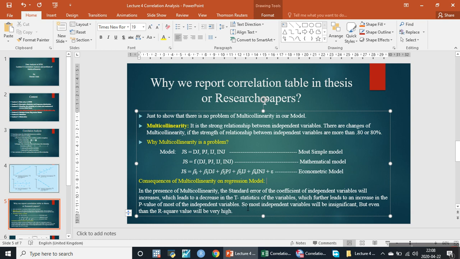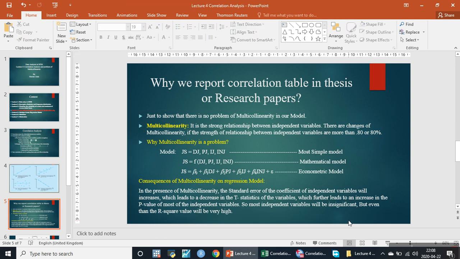So most of the independent variables will be highly insignificant, but even then the R square will be very high, which is very contradictory, because if most of your independent variables are insignificant, then the overall model should also be insignificant, and the R square or adjusted R square value should be very low.